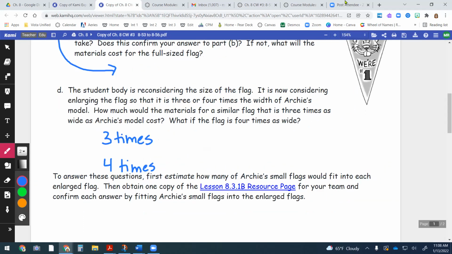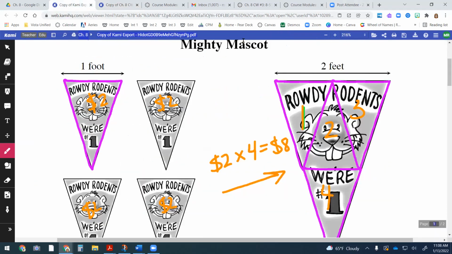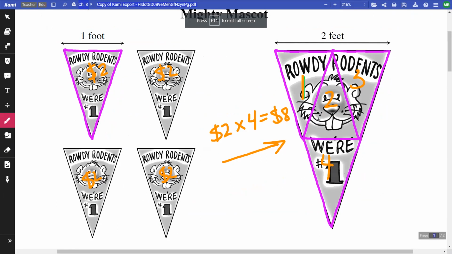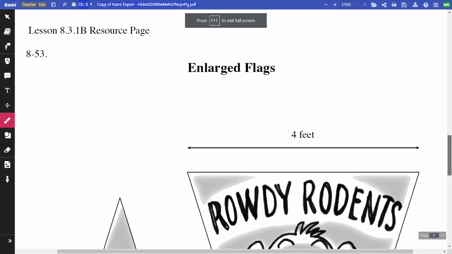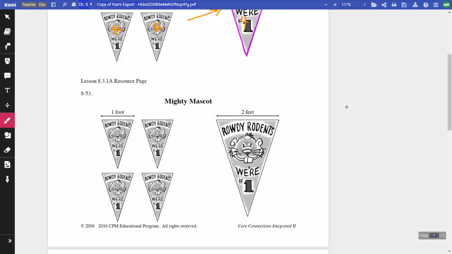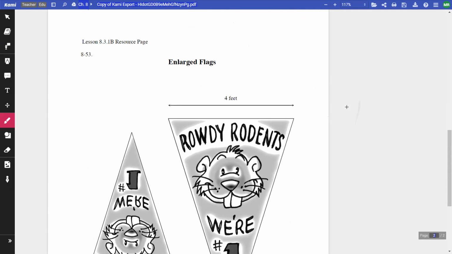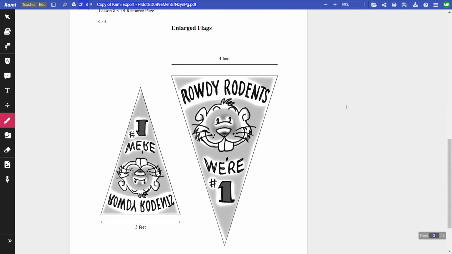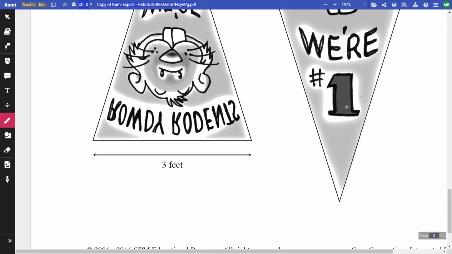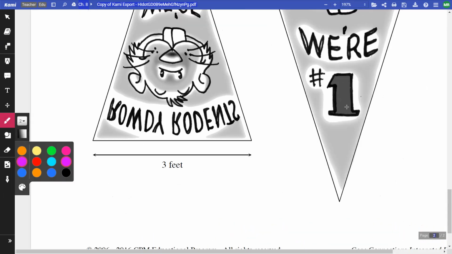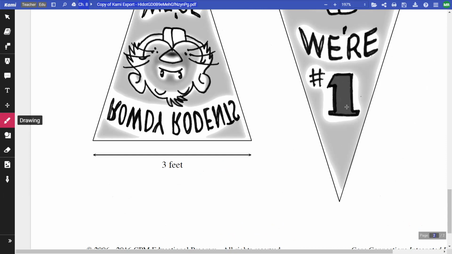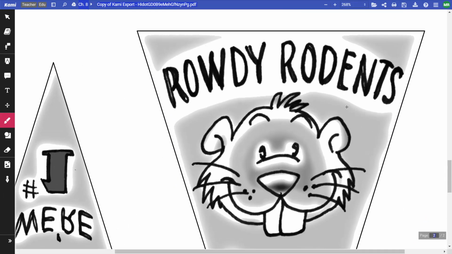And so if we go back to that resource page, this is where it's going to be a little tricky. On the next page, these were here twice in case you needed more of them. But here are the enlarged ones, and you'll see that this one here is 3 feet going across. And this one here is 4 feet.